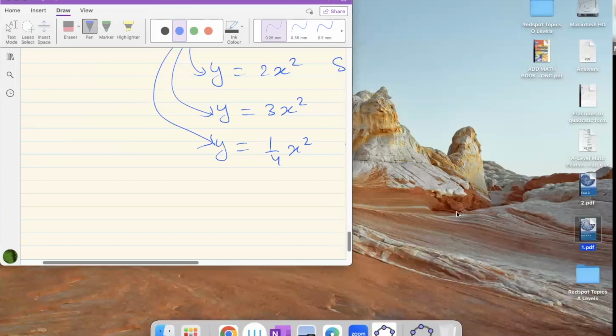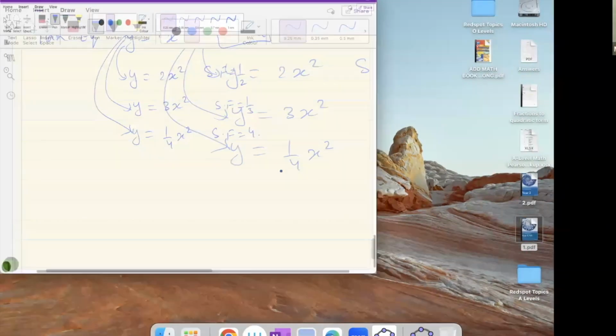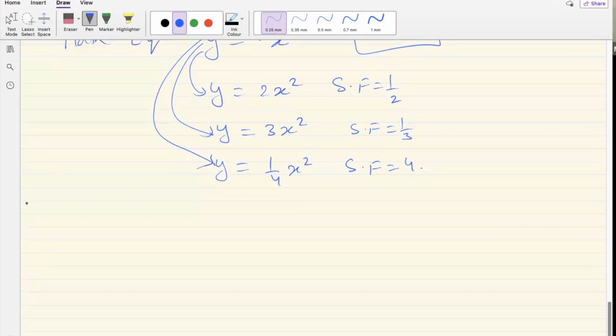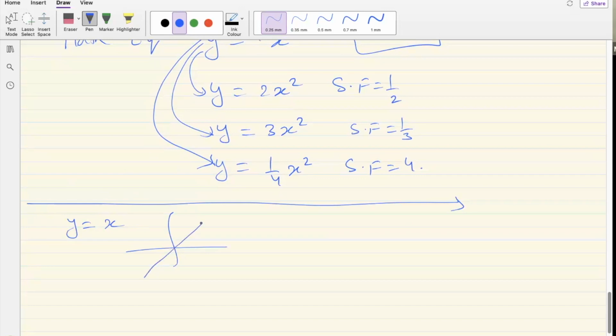Tomorrow, are we going to cover x and x squared reciprocal graphs, or is that not part of our syllabus? Which one? X reciprocal and x squared reciprocal graphs. That is in IGCSE. That is basic. You should have already known y is equals to x is this.